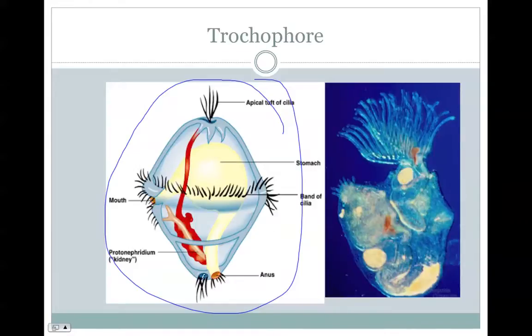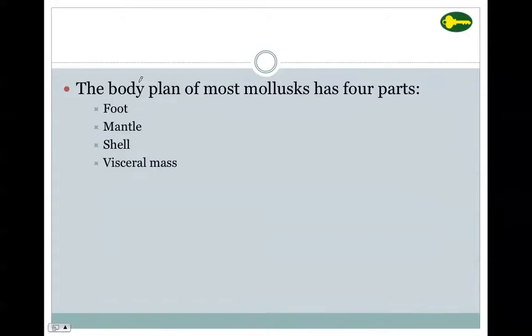We're not going to get into all the different structures of this larva. You won't have to memorize any of these structures, but both annelids, the segmented worms, and also some of the mollusks have this same exact larva, and so we know that they have some sort of evolutionary relationship.